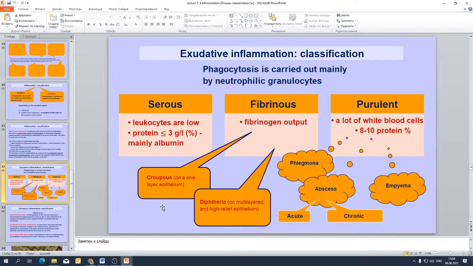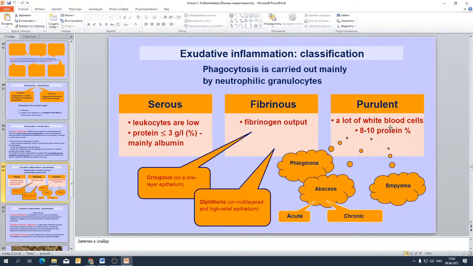In the heart, croupous fibrinous pericarditis, and others. And diphtheritic inflammation, for example, inflammation formed in the colon.